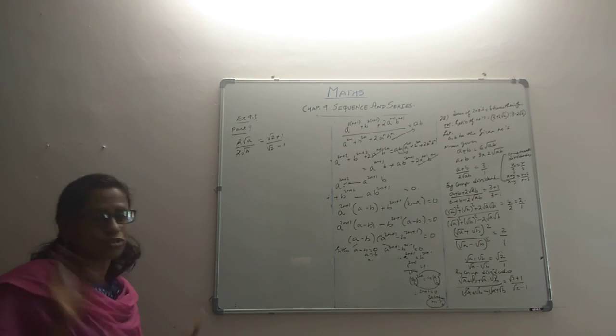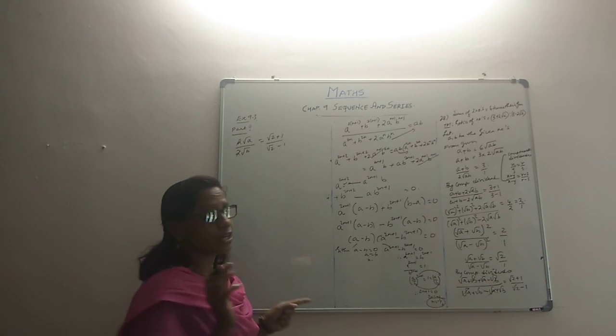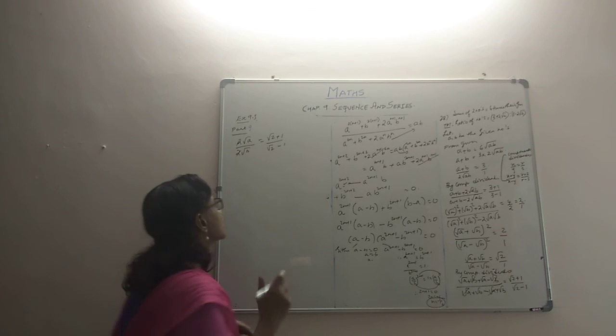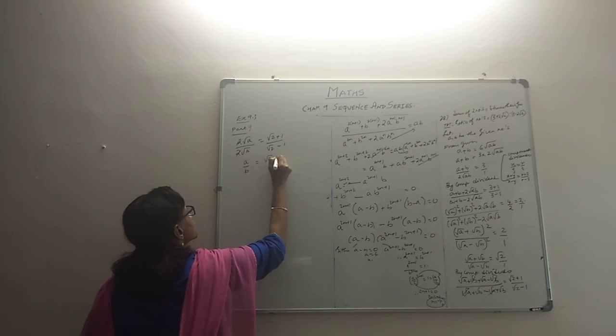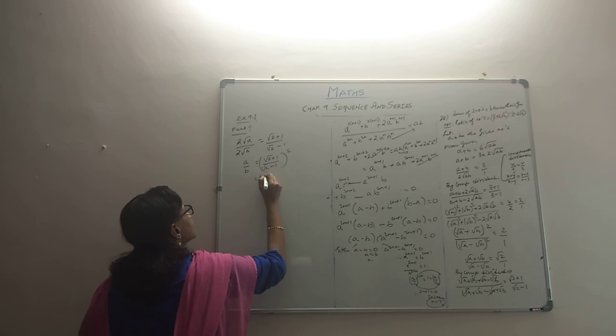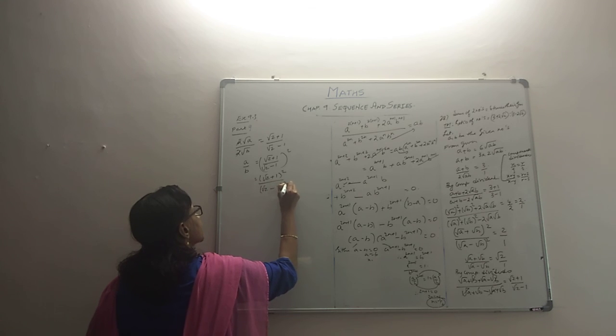We have almost reached, it's just one step away from the result. So we will square both sides. When we square both sides, it will become a by b equals root 2 plus 1 by root 2 minus 1 the whole squared, or rather root 2 plus 1 squared by root 2 minus 1 squared. Let's do it.